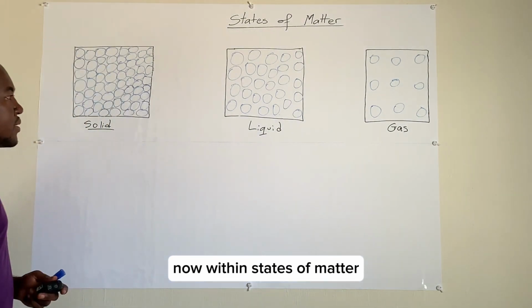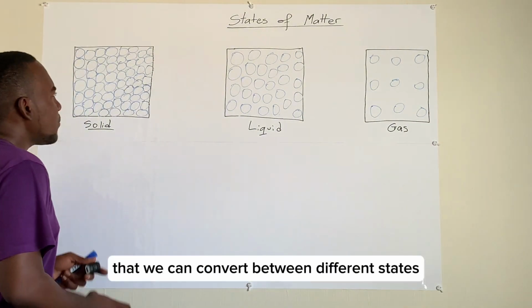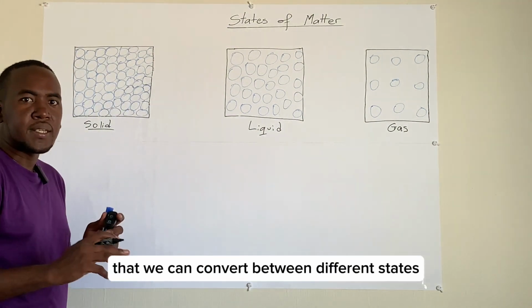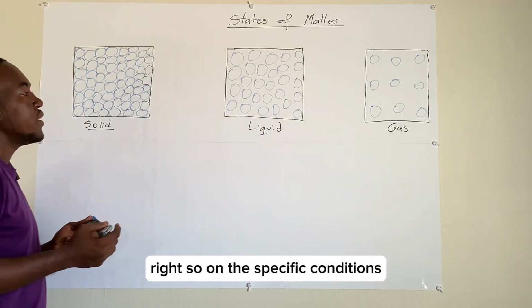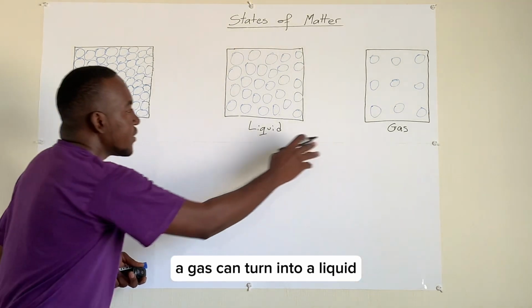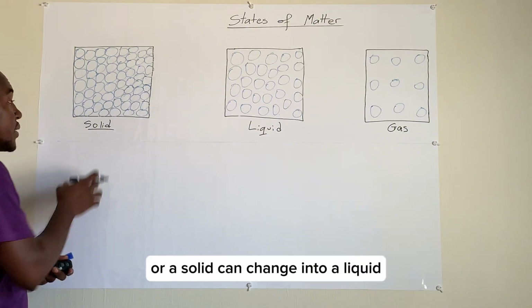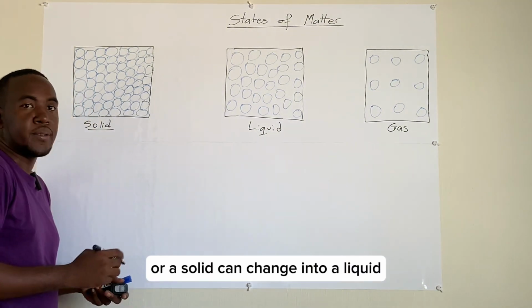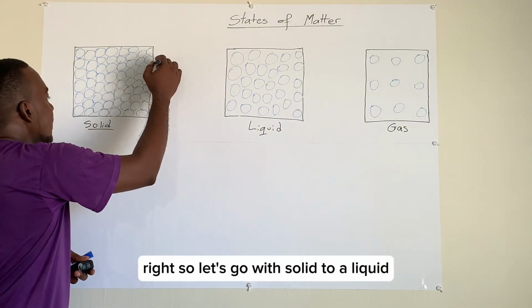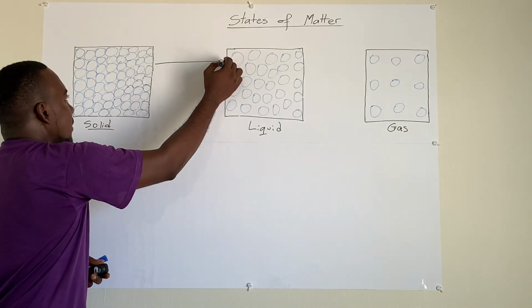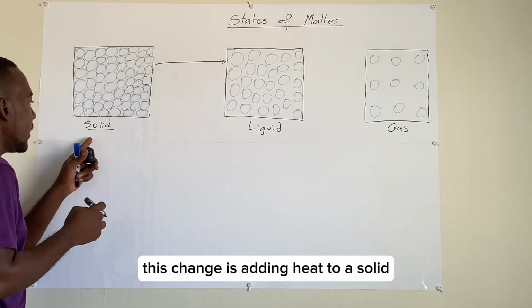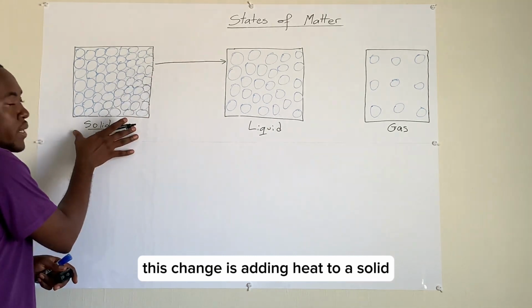Now, within states of matter, we should note that we can convert between different states, right? Under specific conditions, a gas can turn into a liquid or a solid can change into a liquid. So let's go with solid to a liquid. This change is adding heat to a solid.